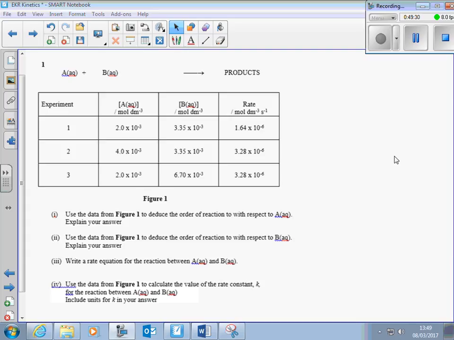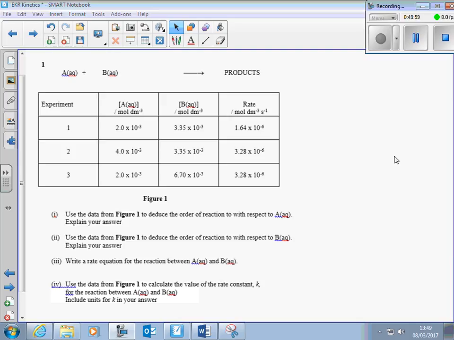I don't know if you can see that. If you compare experiment 1 and 2, what's being kept constant? B. What's happening to A? It's doubling, isn't it? And is the rate changing? Yes. So that will give us a way of looking at the order with respect to A. And then which other two can you compare?